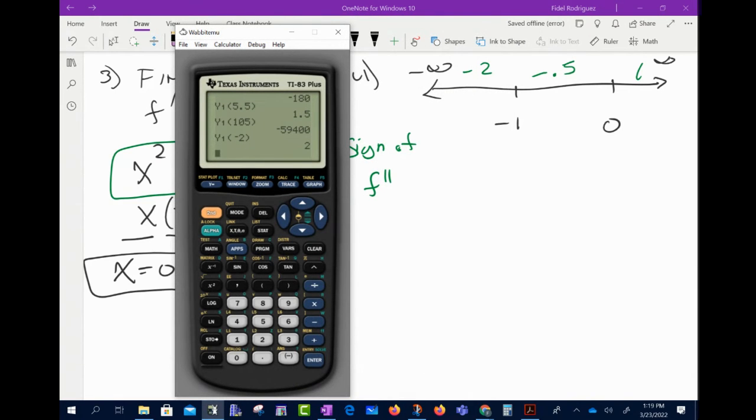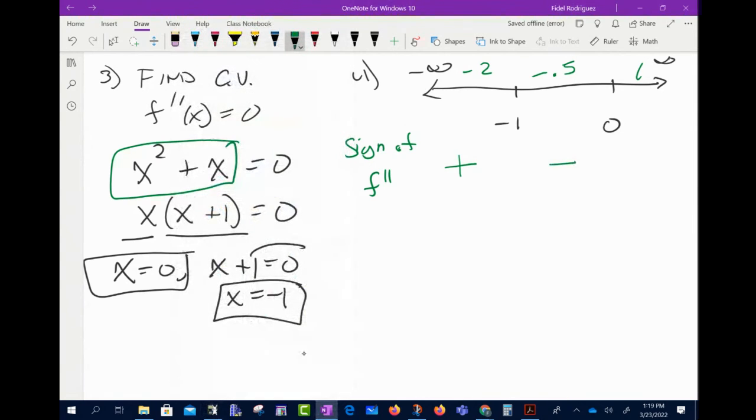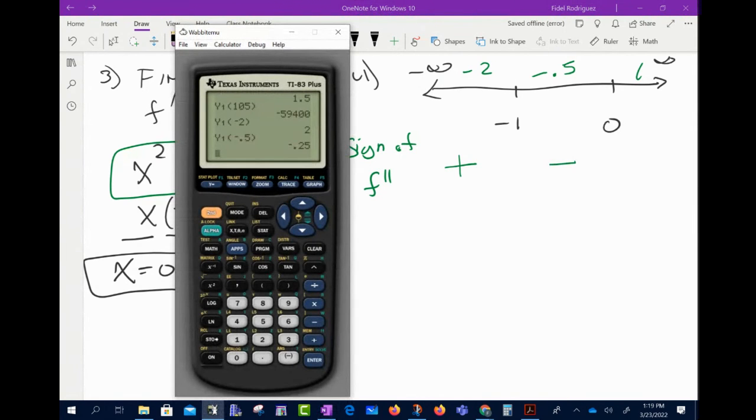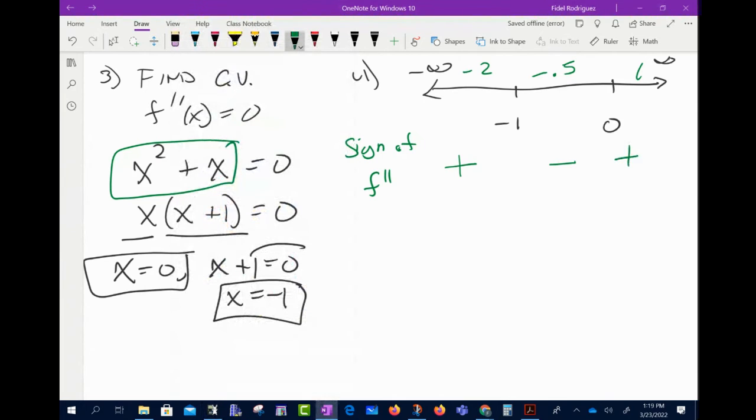Okay, so -2, I'm coming up with a positive value. Okay, we're going to do this at -0.5. Coming up with a negative value. And then I'm going to do this again at 1. And coming up again, positive value.